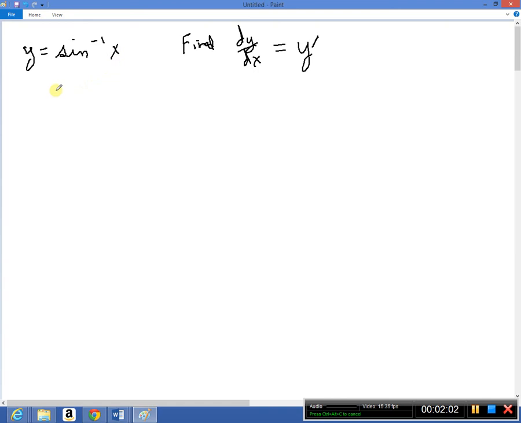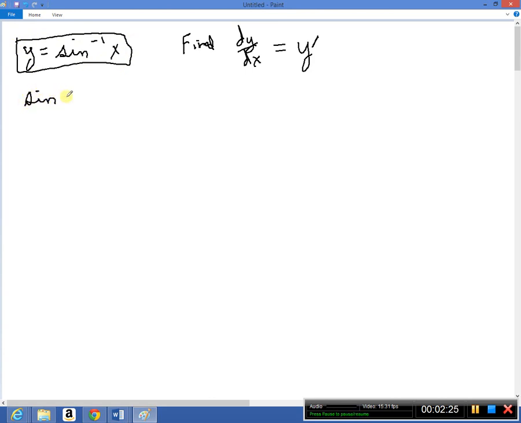And it turns out that implicit differentiation does the job. If you remember what the inverse function means, it's the function that undoes the function that's mentioned here. So the inverse sine is the function that undoes the sine function. So what if we start with this equation and hit it on both sides with the sine?